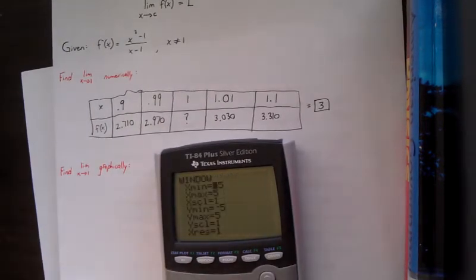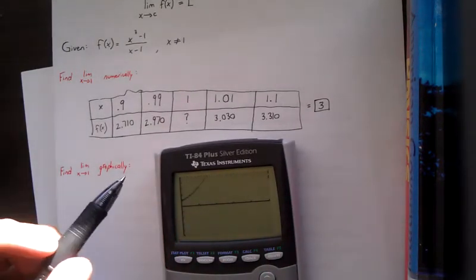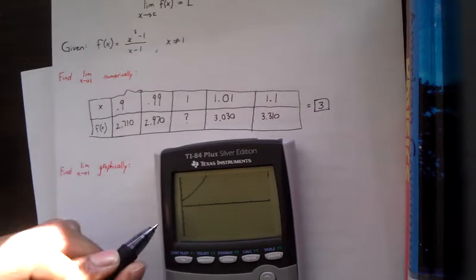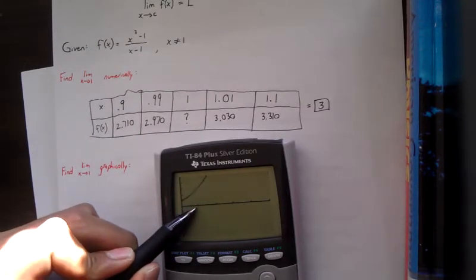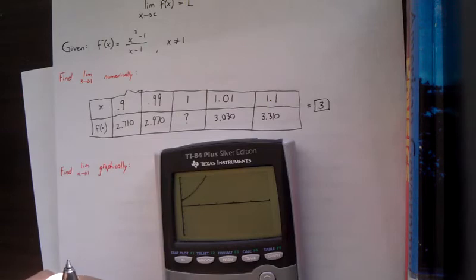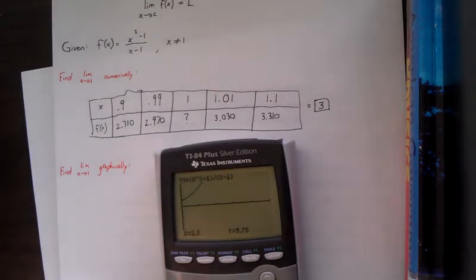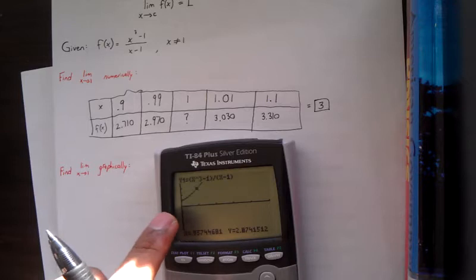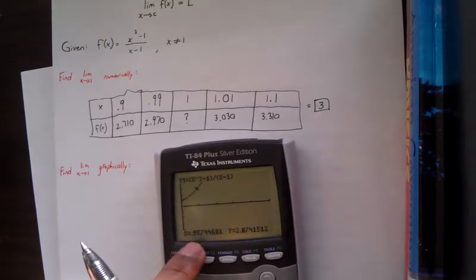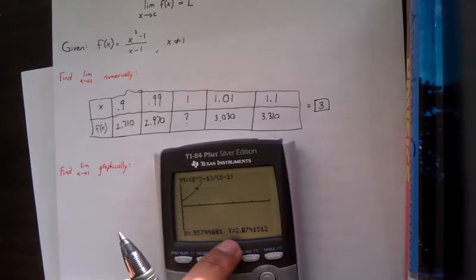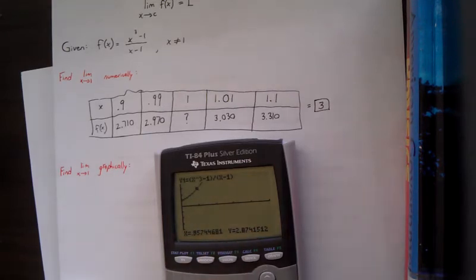But if you look at the graph closer, you can see that as x is approaching 1, and you trace it, then right at 0.957, the y value is going to be 2.87.